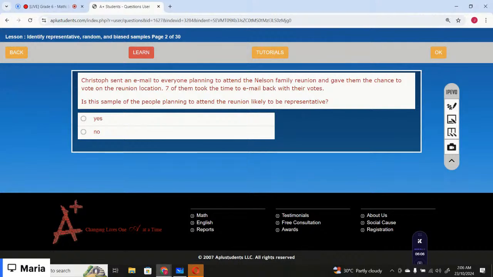Christoph sent an email to everyone planning to attend the Nelson family reunion and gave them the chance to vote on the reunion location. Seven of them took the time to email back with their votes. Is the sample of the people planning to attend the reunion likely to be representative?